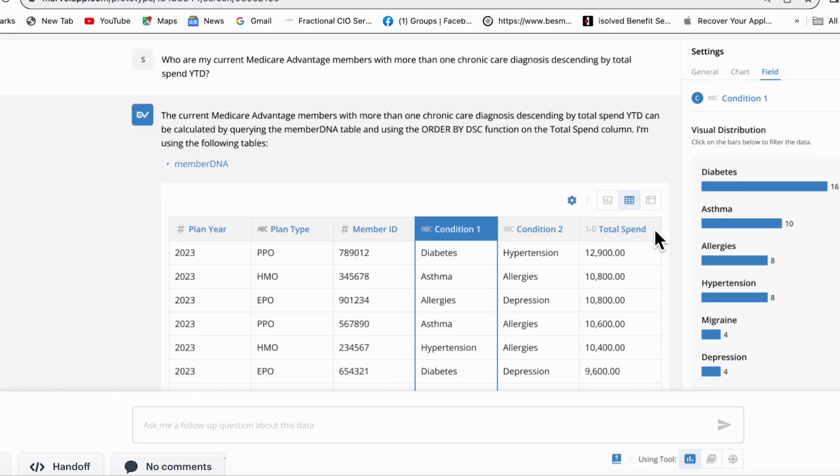This information is returned visually in a grouping that allows the user to see the full information for this entire cohort, but also to see a visual distribution of these comorbidities, which is very powerful.